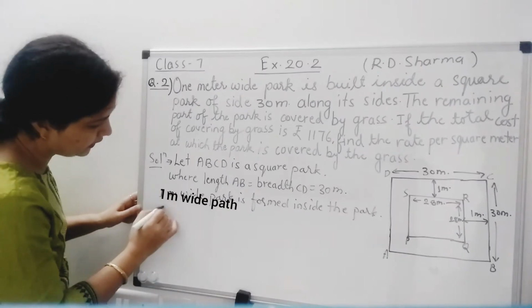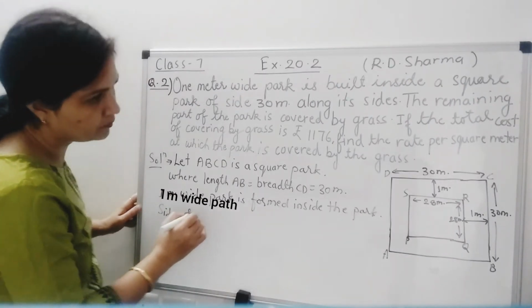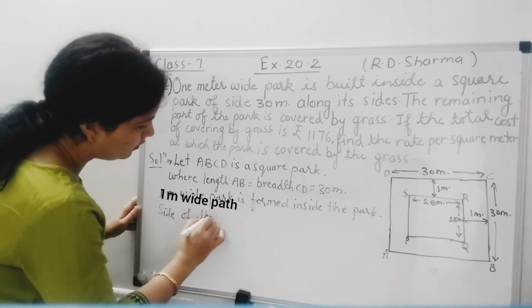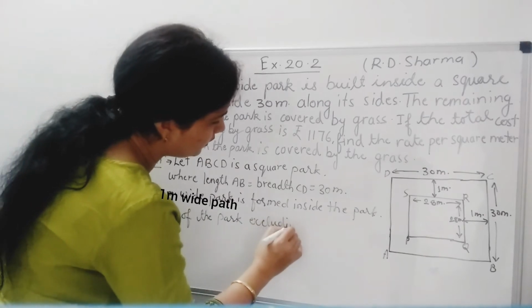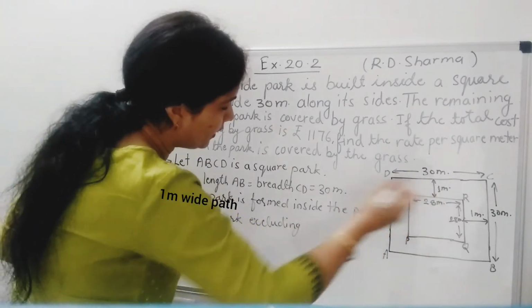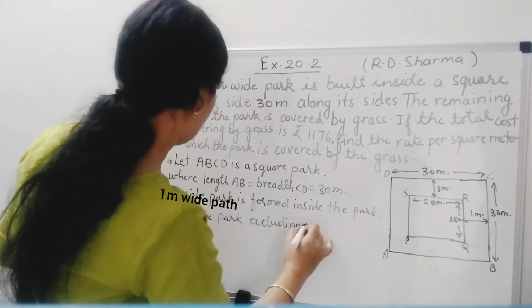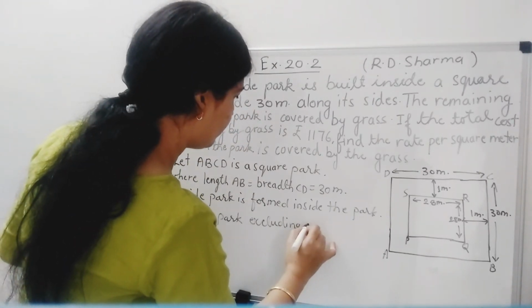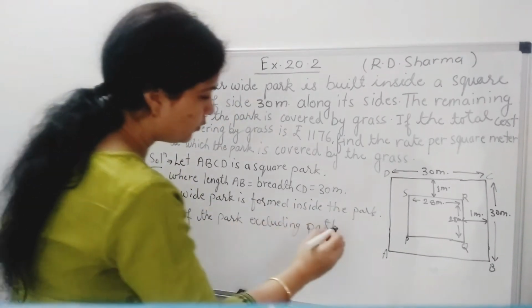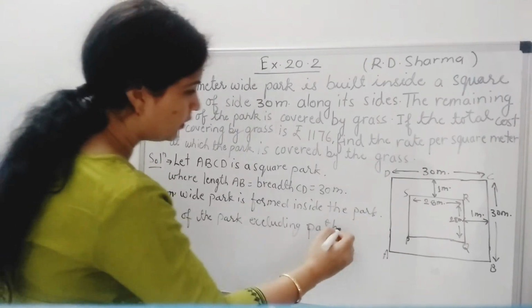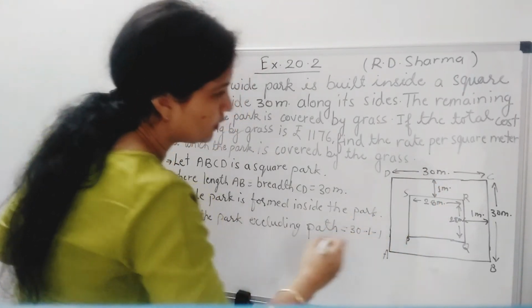So this side of the park, excluding the path, we are not including that path, will be 30 minus 1 minus 1.